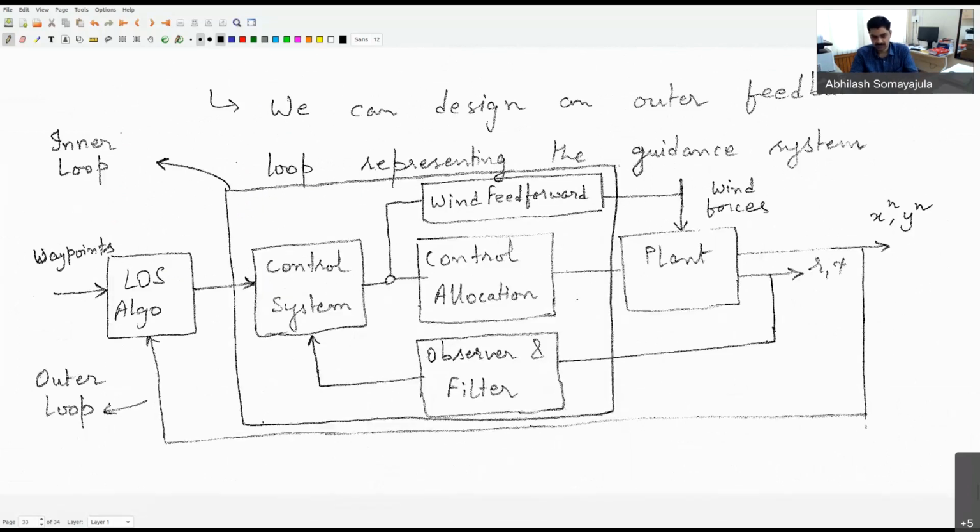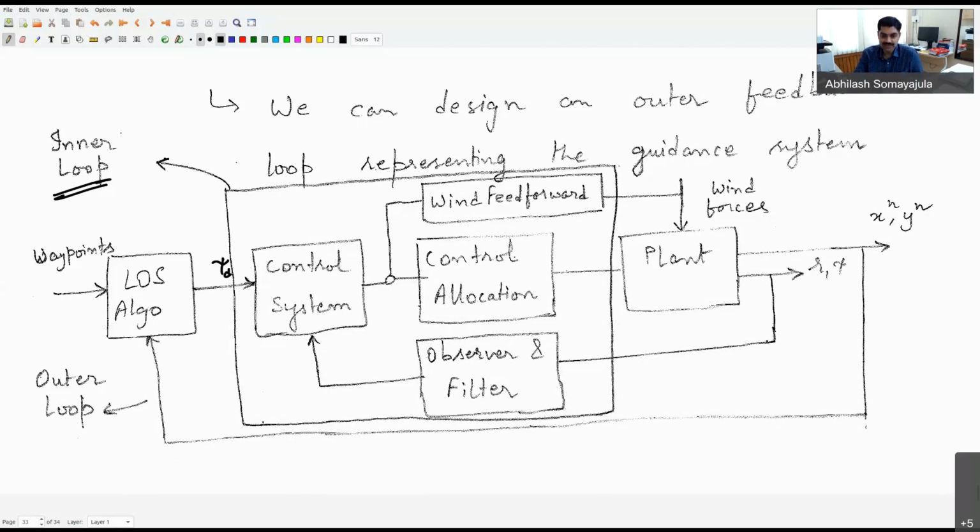So, in some sense, we were looking at this so-called inner loop dynamics, where this control system was getting some value as input from a guidance algorithm, which was providing me the value of psi d.